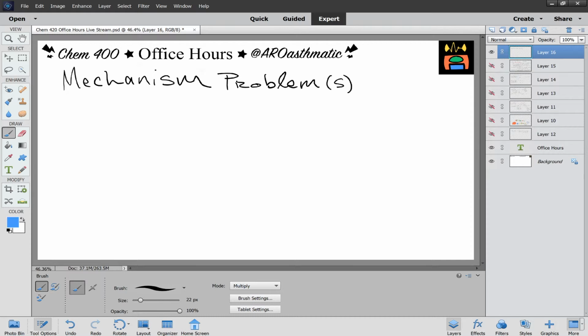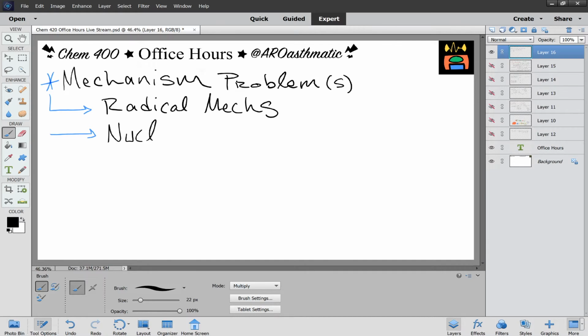So mechanism problems, specifically, definitely radical mechanisms, possibly a nucleophilic substitution mechanism or mechanisms.